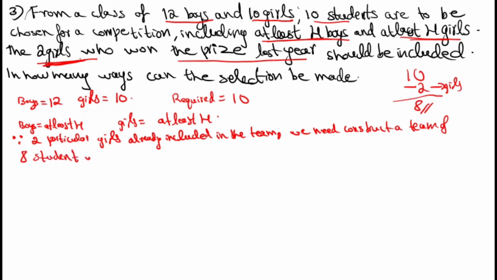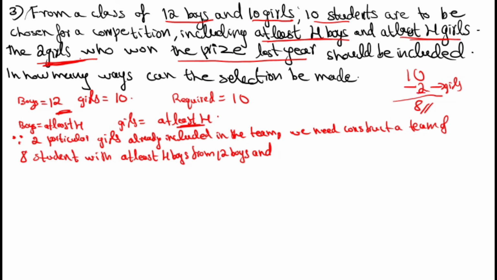Okay, here see there is no restriction for boys, right? So with at least 4 boys. From how many boys? From 12 boys. And see, given condition is at least 4 girls, but already 2 girls selected.